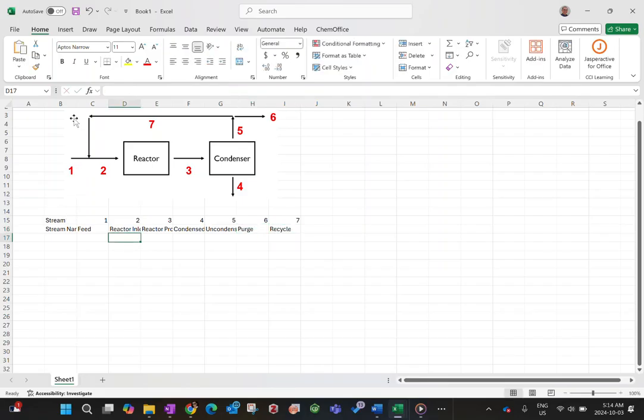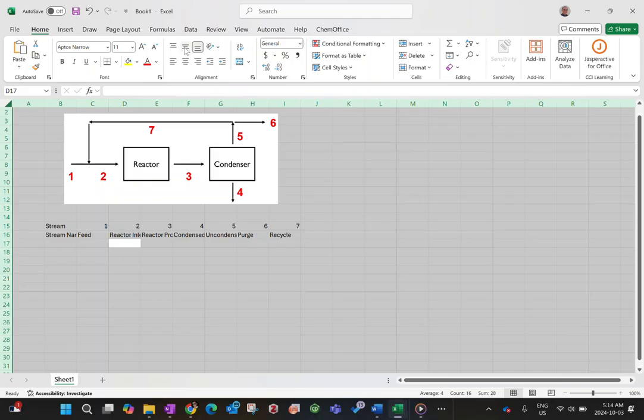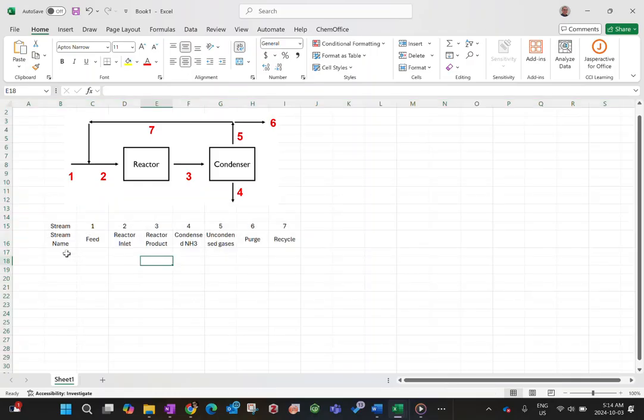All right, so I'm going to select all. I'm going to wrap text to make it look a little nicer, and then center and center vertically and sideways. Okay. So now we have the N2, H2, NH3, and total.